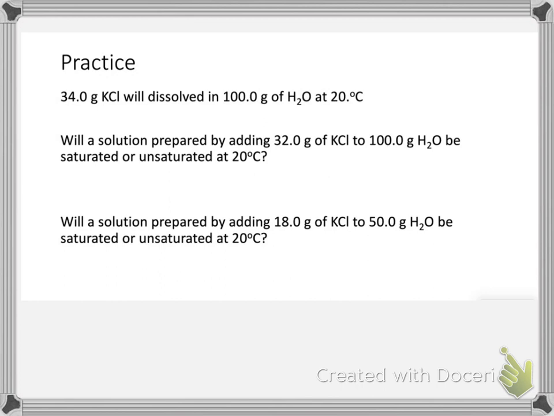So right here, this is the solubility. This tells us what the limit is. It says 34 grams of KCl will dissolve in 100 grams of water at 20 degrees. So what this is telling me is this is the max KCl in 100 grams of water. And then the temperature can be important. It says 20 degrees.